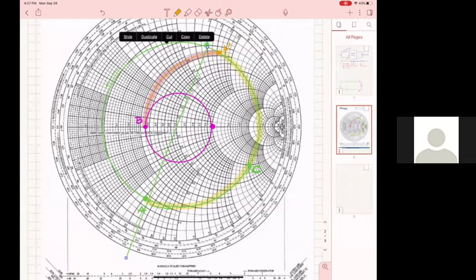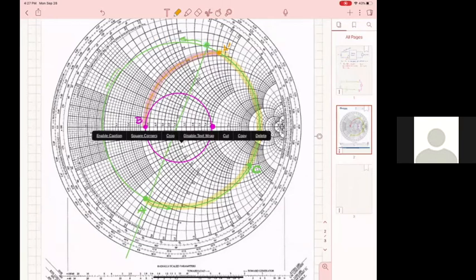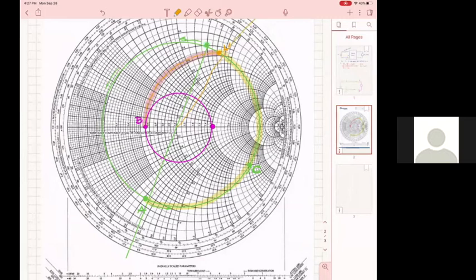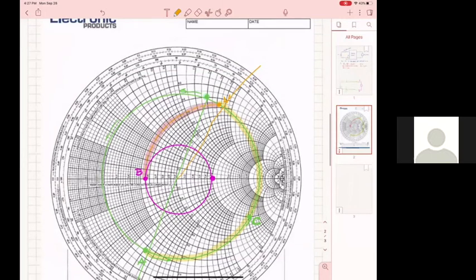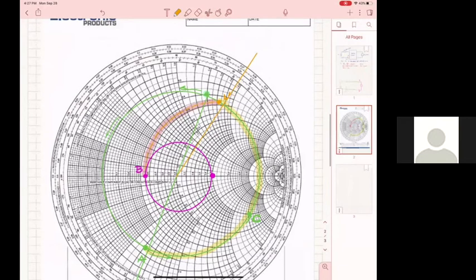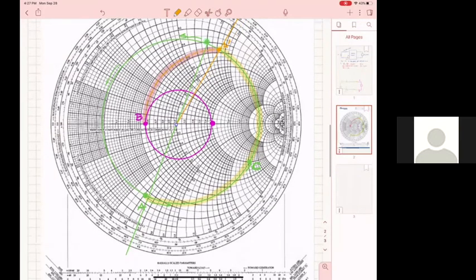There, you need another line that goes from here. Right, this is the length of the transmission line. Yes. Gotcha. The length of the transmission line is from here.